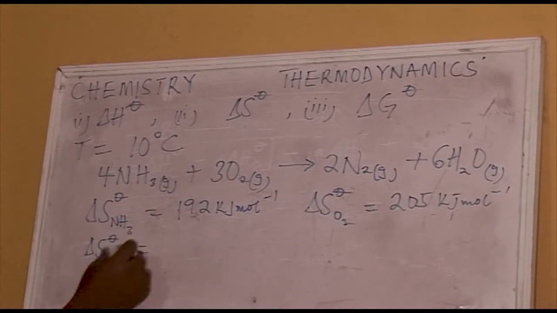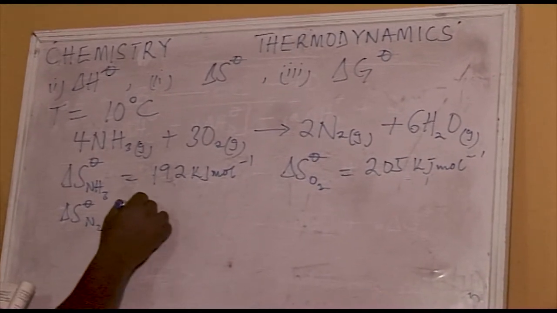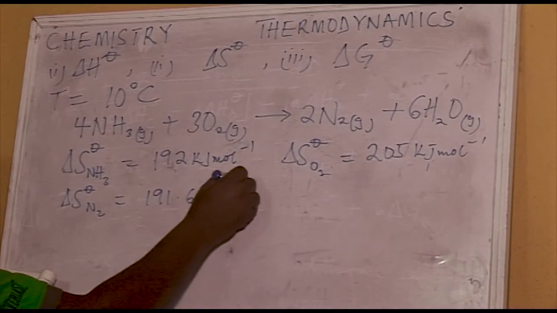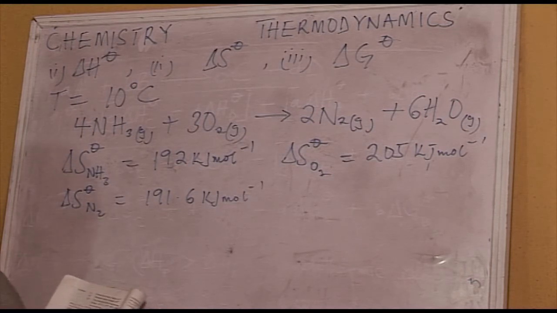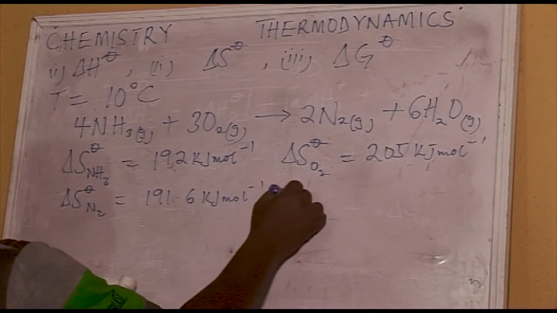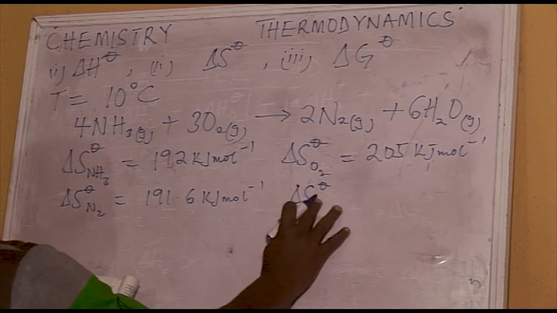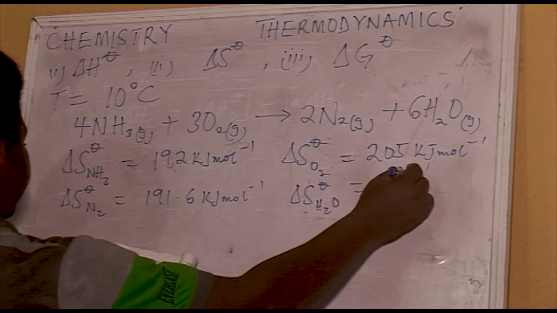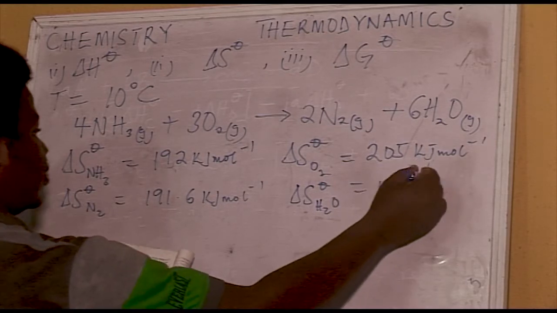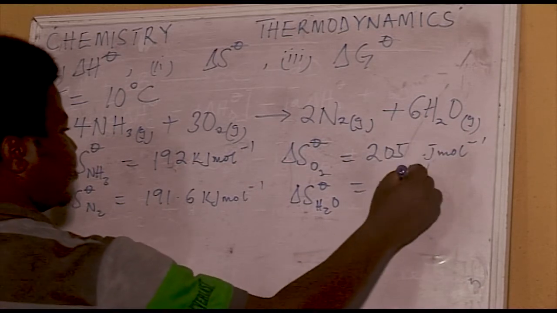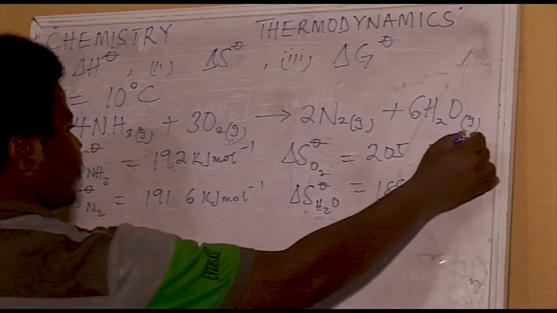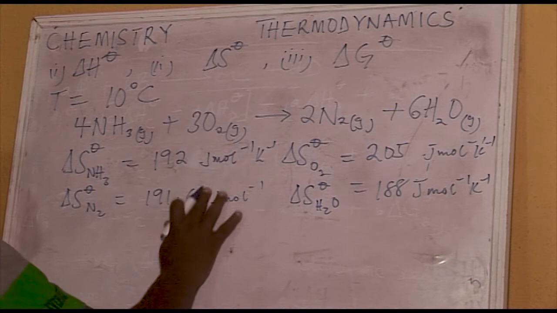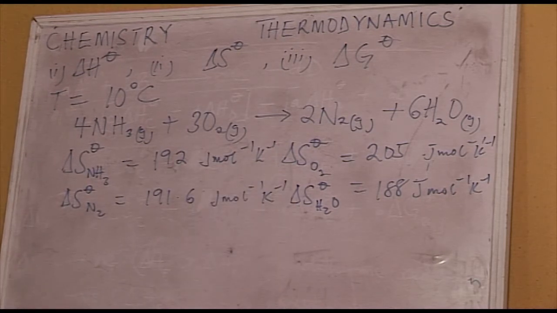The standard entropy of nitrogen gas is given as 191.6 kilojoule per mole, while that of gaseous water is given as 188. It's actually given in terms of joule per mole per Kelvin, everything.